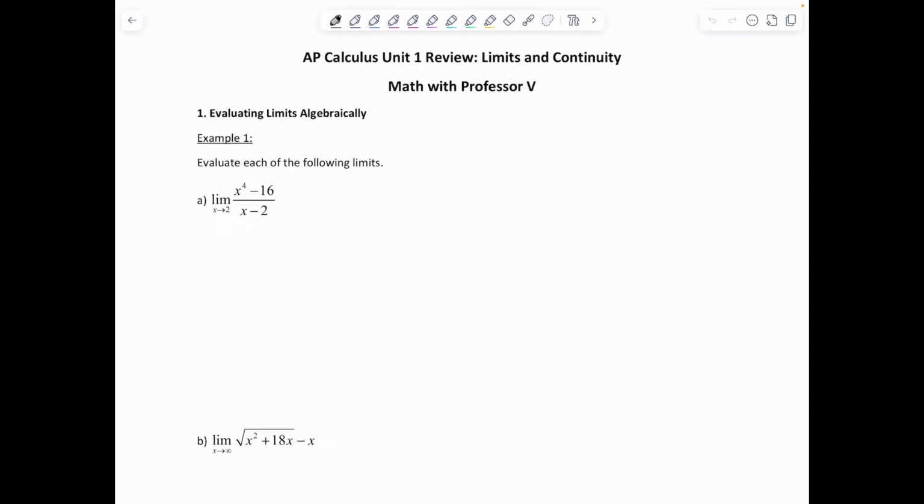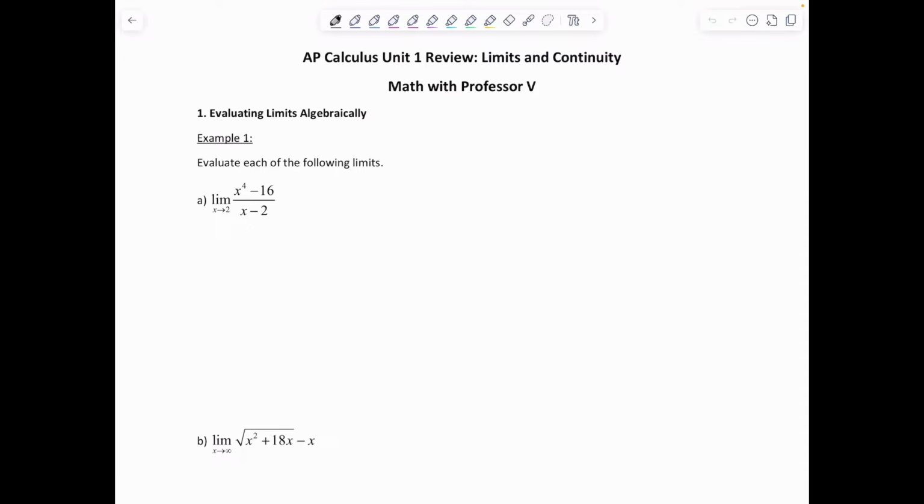Okay, first example we're going to look at is evaluating limits algebraically. Evaluate each of the following limits. And for the first few, we have little algebraic manipulations that need to be done in order for us to evaluate. First one, we've got limit as x approaches 2 of x to the fourth minus 16 over x minus 2.